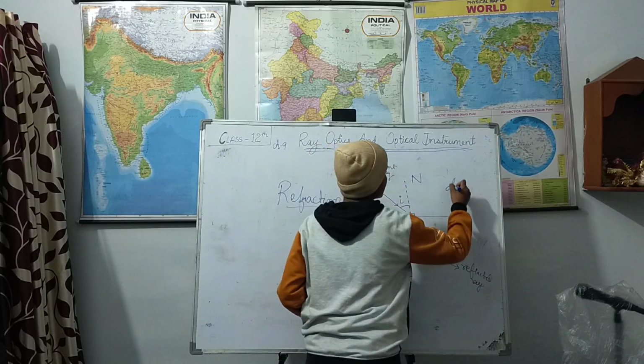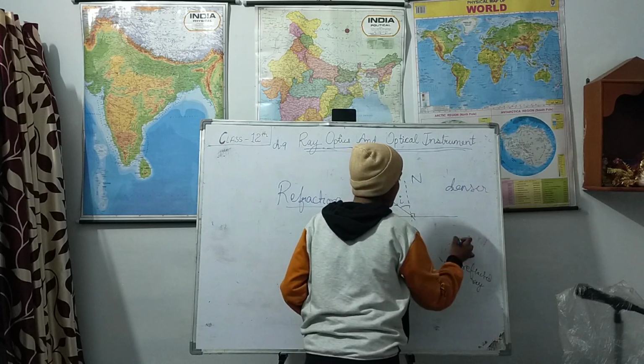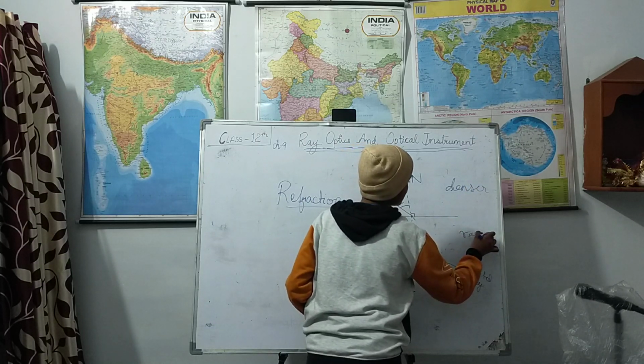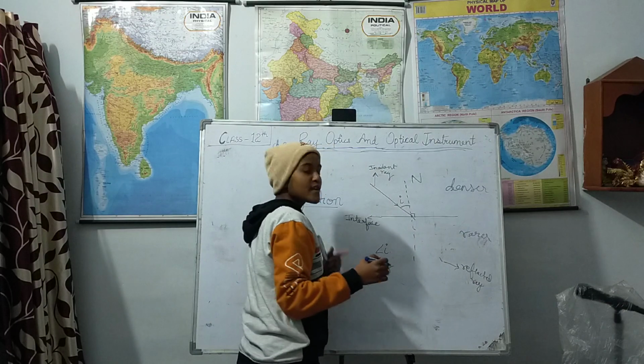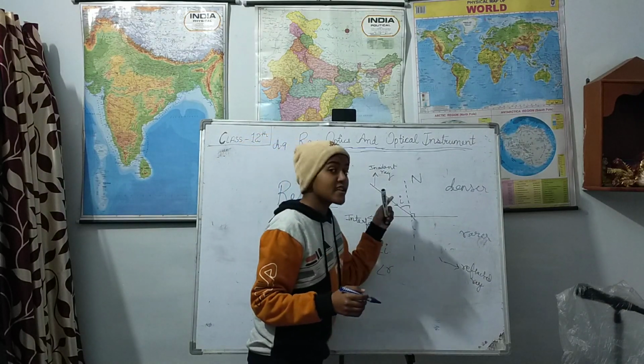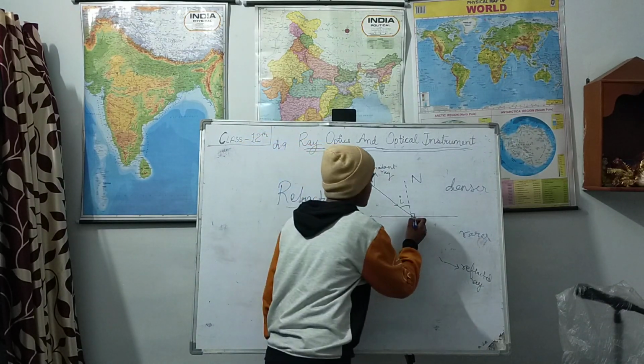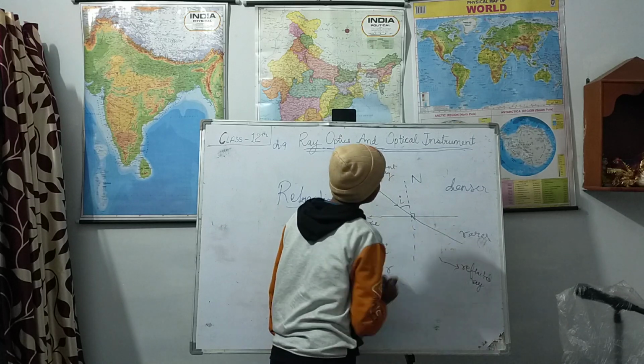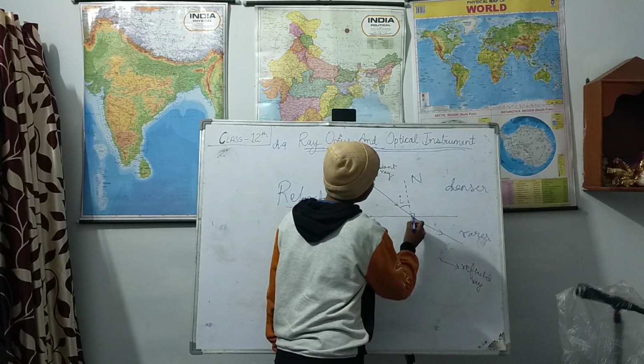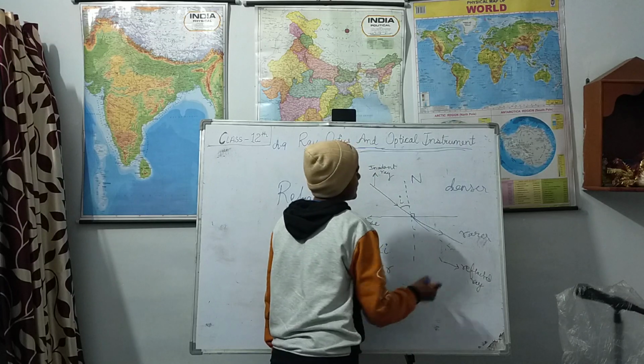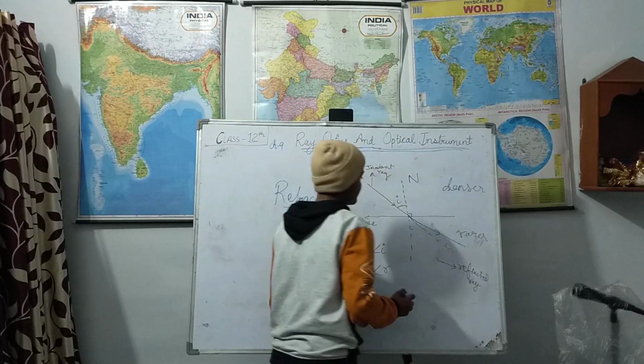If this becomes the denser medium and this becomes the rarer medium, when light is incident from the denser medium to the rarer medium, the refracted ray moves away from the normal. It just goes like this. It will not go like this.